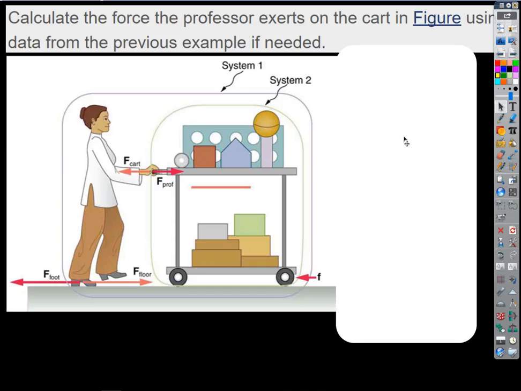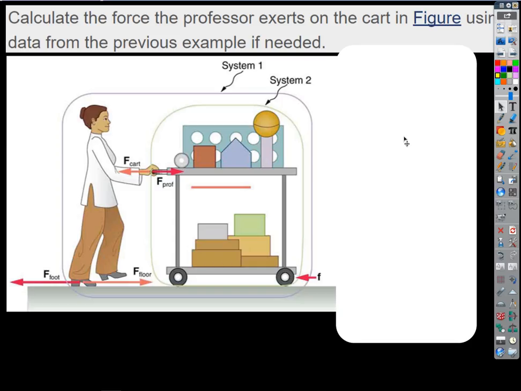If we're only interested in the force the professor exerts on the cart, how are we going to do that? Well, you only use the mass of the cart and the equipment. So what's the system we're interested in then? Just the cart and the materials.